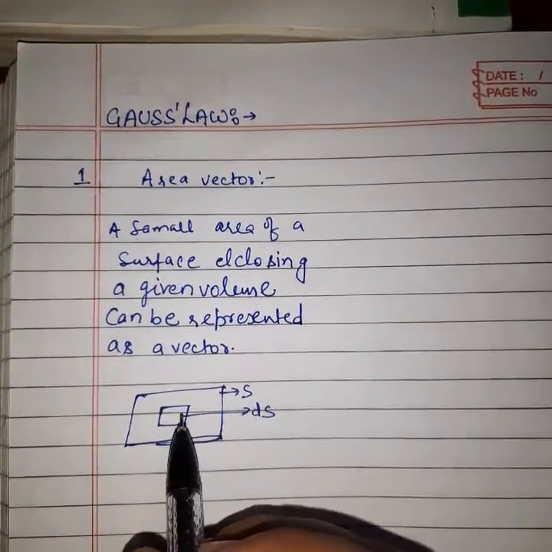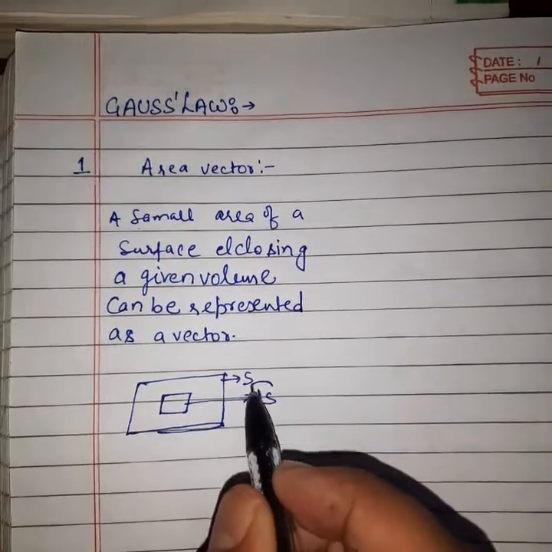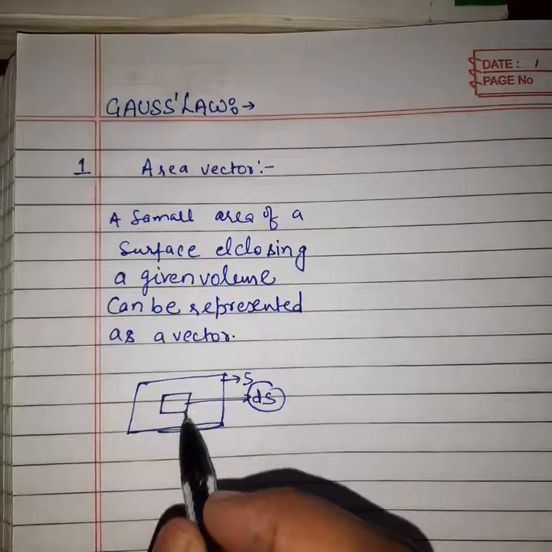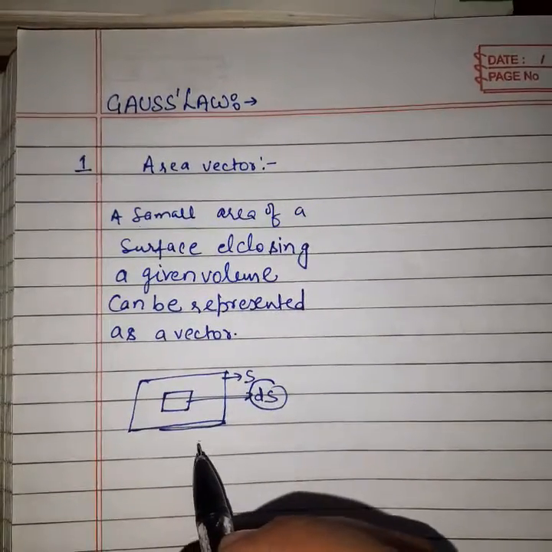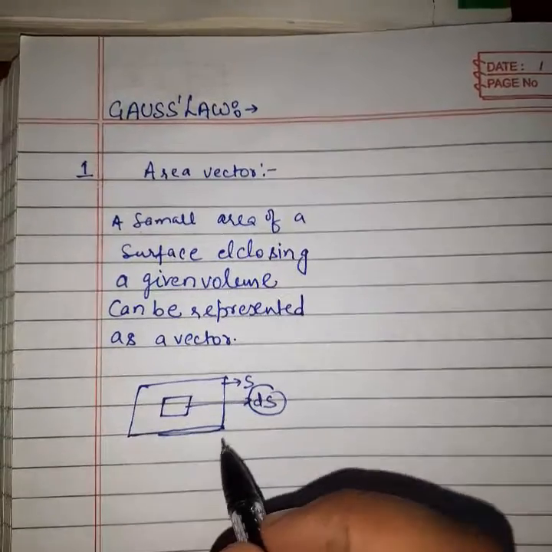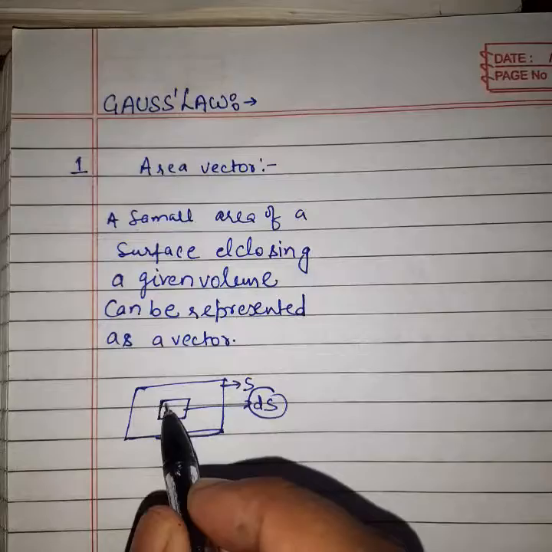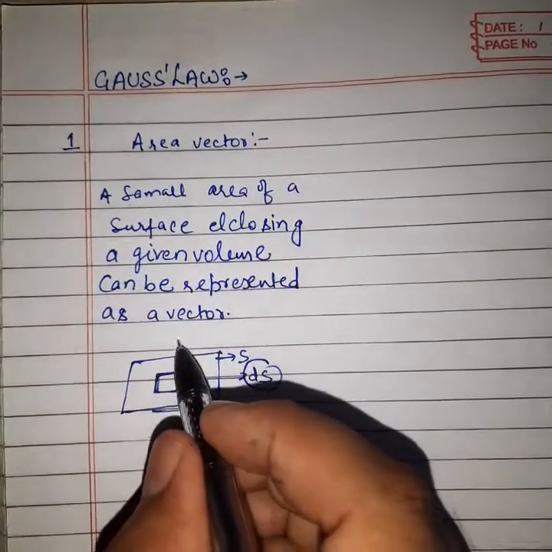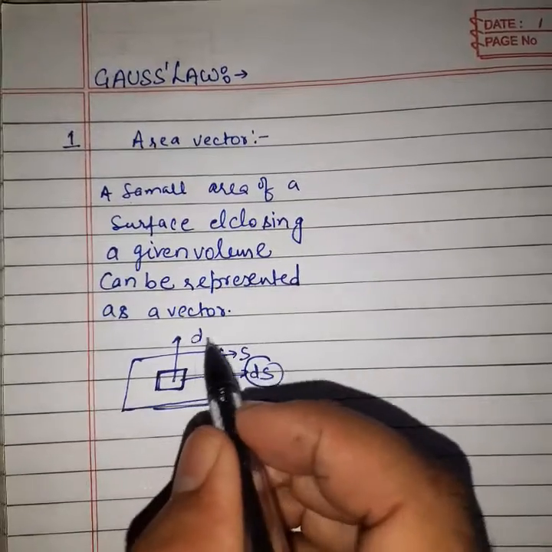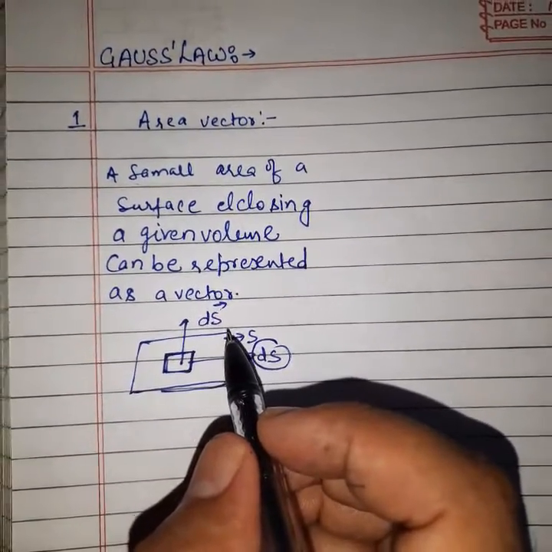So a small element of area ds of a total surface S can be represented by an area vector ds. We represent this small element, this small surface, by the area vector, that is vector ds.